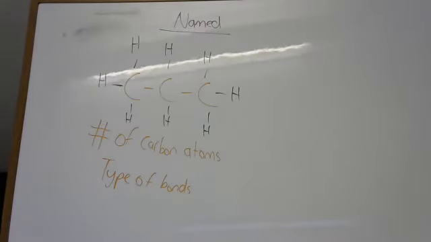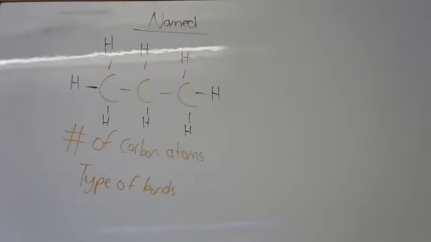Fortunately, organic chemistry and hydrocarbons and everything to do with this is built off a very basic set of principles. Now, those basic set of principles are quite complicated, but once you understand them, you should be able to just apply them as it gets more complicated. It gets more complicated with the same basic principles.